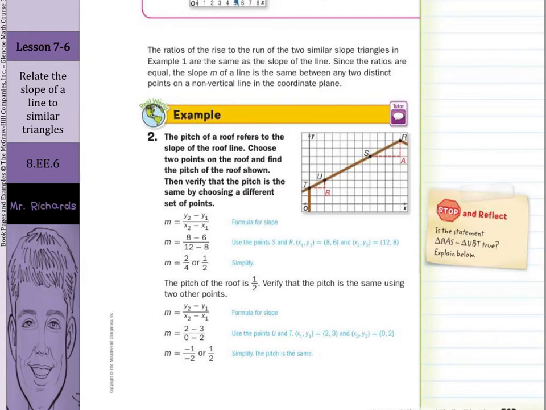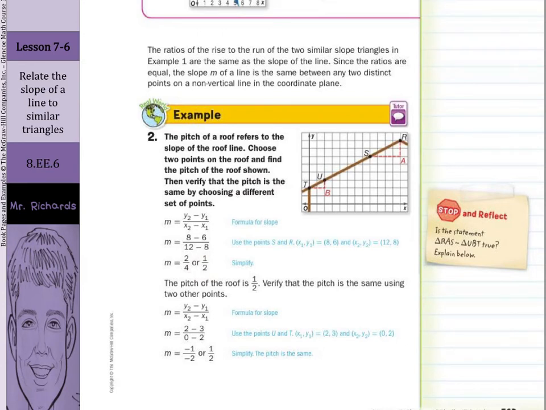Well, the first set of points chosen were R and S, and so we have our formula for slope, y2 minus y1 over x2 minus x1. And so we used the points S and R, where S was our x1, y1 at 8, 6, and R was our x2, y2 at 12, 8. And you can see where this was substituted into our slope formula to get a slope of 1/2.